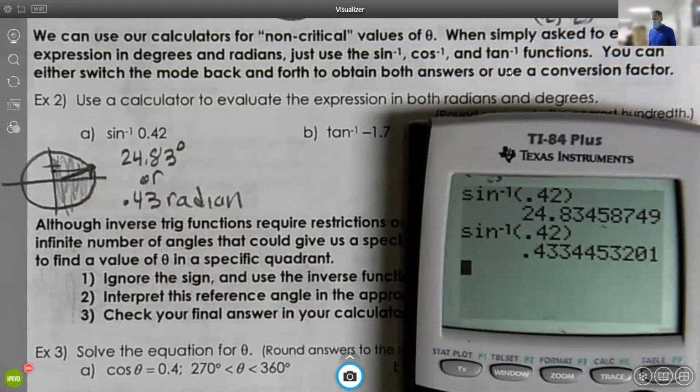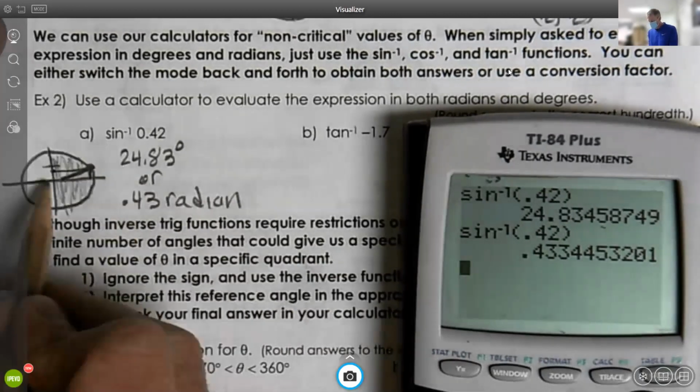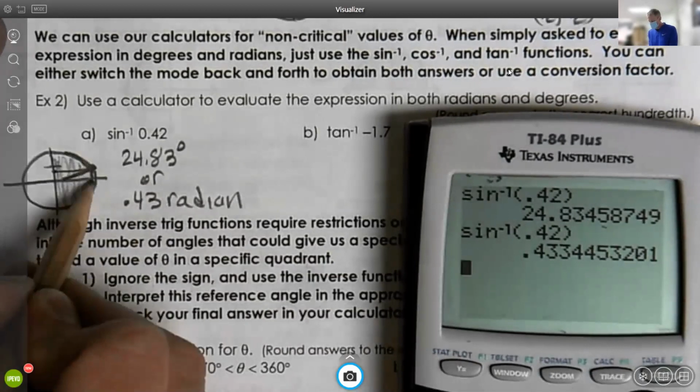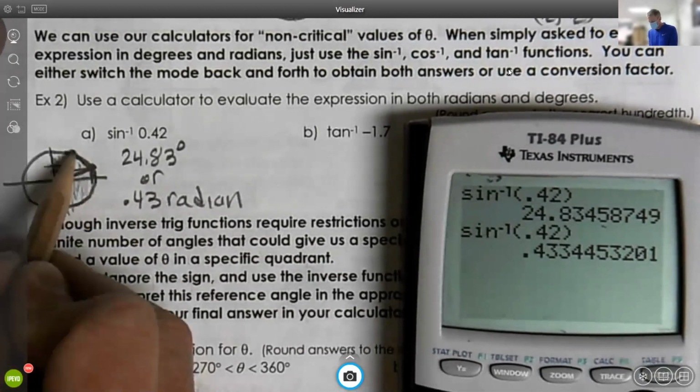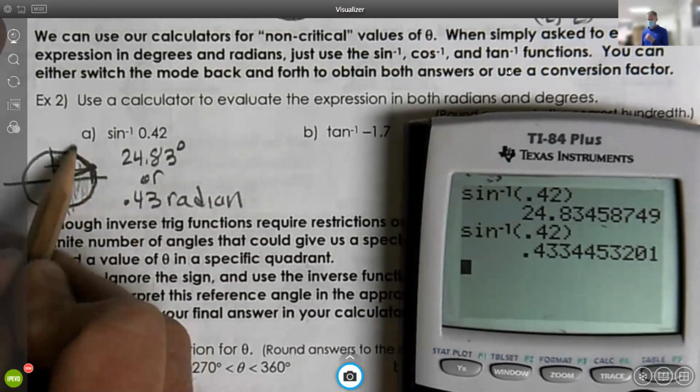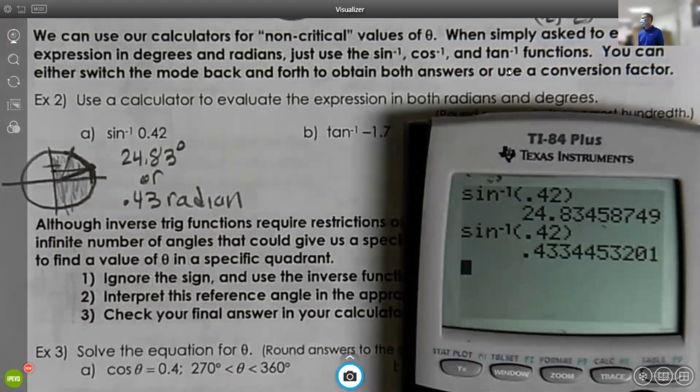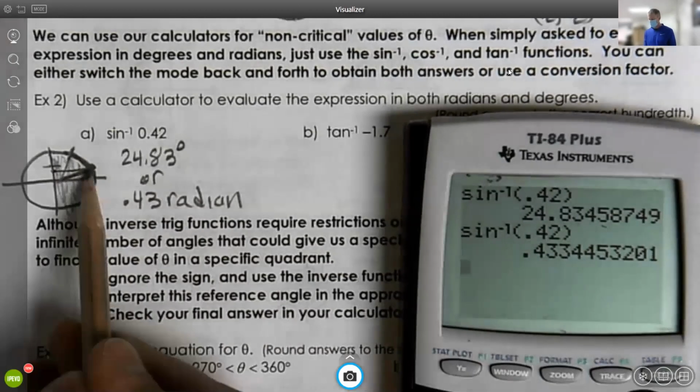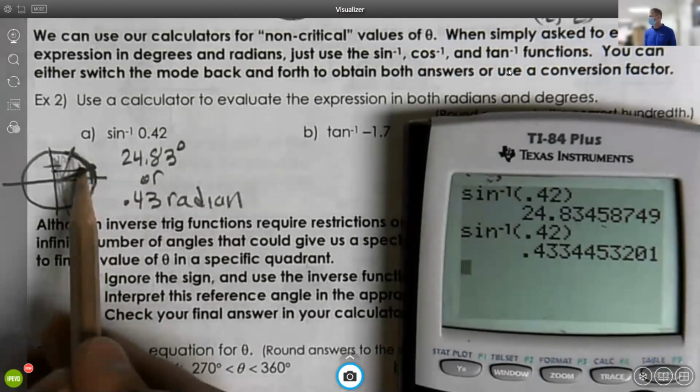So what does 0.43 radian mean? I don't get it. What does that even mean? Well, 1 radian is the length of the radius going around the circle. That's 1 radian. That's about 57 degrees. So this apparently is less than 57 degrees, it's 24.